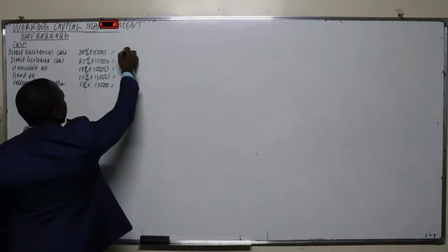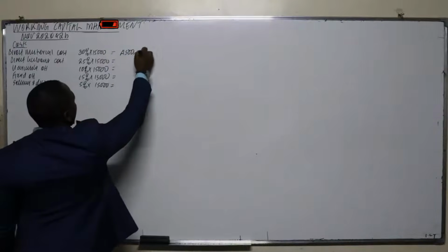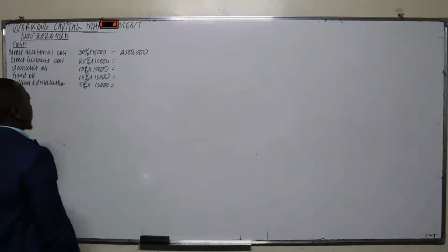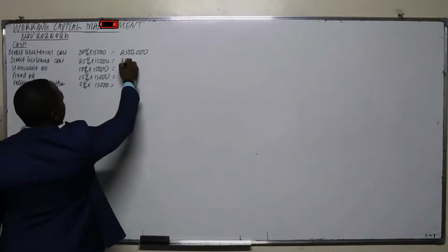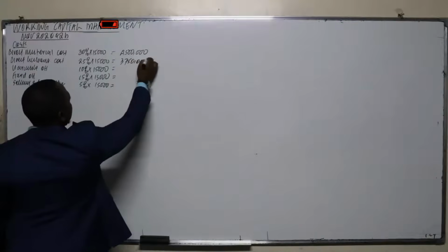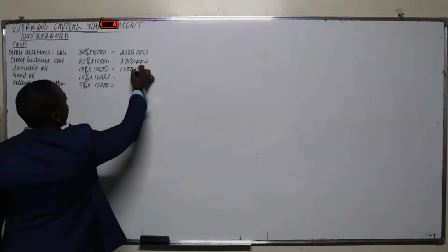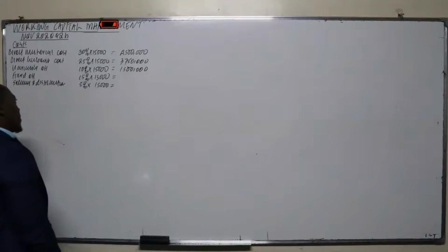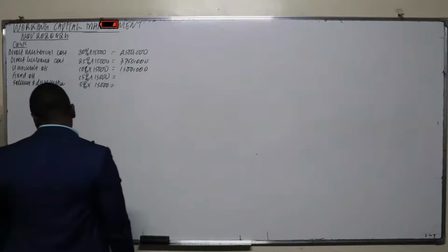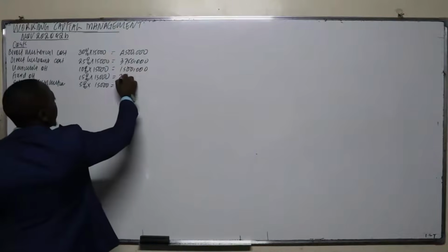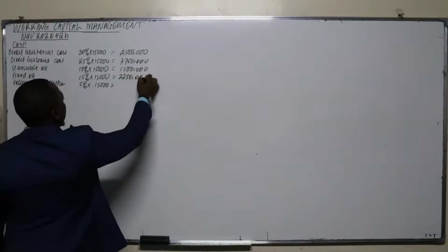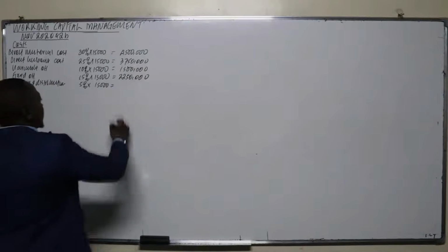This is 4.5. I have that 750. We have 1.5. 15 plus 750 is 2250. And here we have 750.